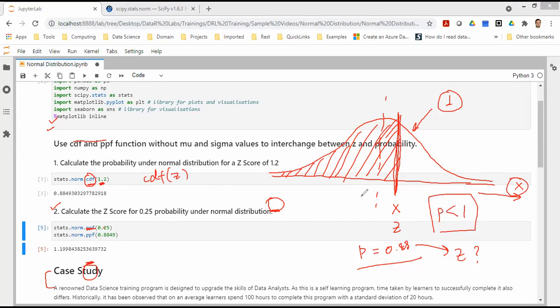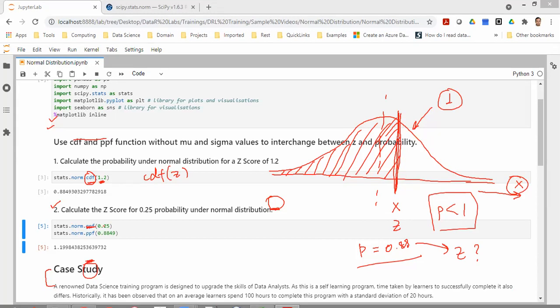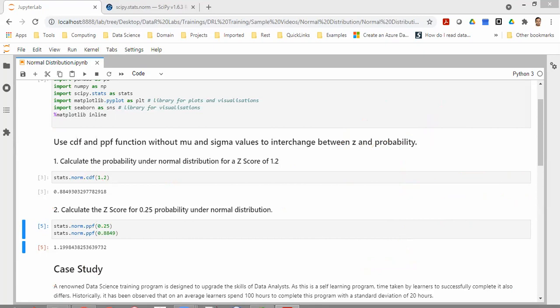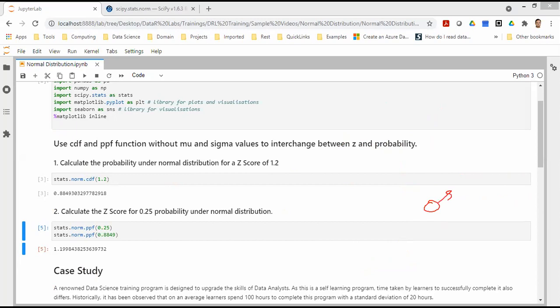So for all those who want a quick revision of the difference between Z and X, let me just open this slide quickly and explain. X is a random variable which defines your normal distribution. And if I want to calculate the Z from this X, all I have to do is just use this formula: X minus mu, where mu is nothing but the mean of this data distribution, divided by sigma, which is nothing but the standard deviation of this data distribution.